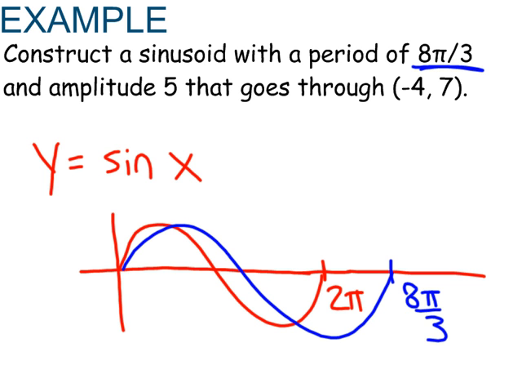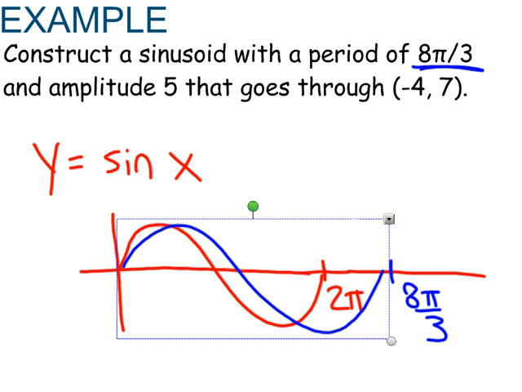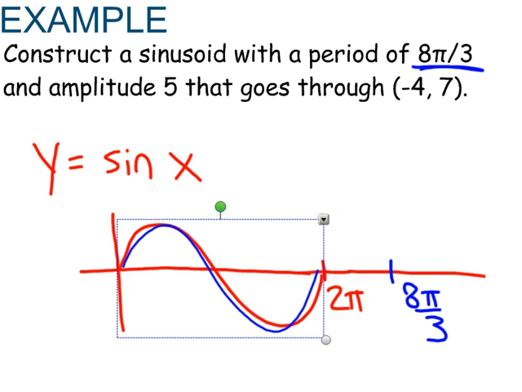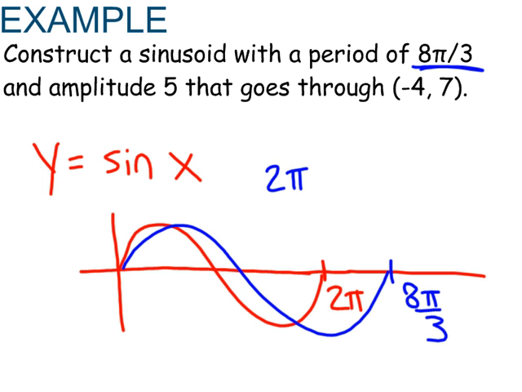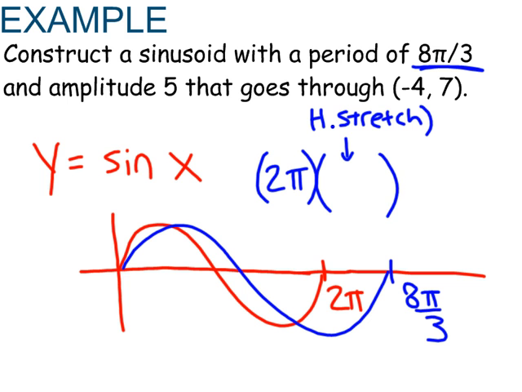It is a horizontal stretch of the original basic one. If here's the original, I stretch it out horizontally to 8/3. How much is that horizontal stretch? If I take that original period of 2 pi and multiply it by my horizontal stretch factor, I need to end up with 8 pi over 3.